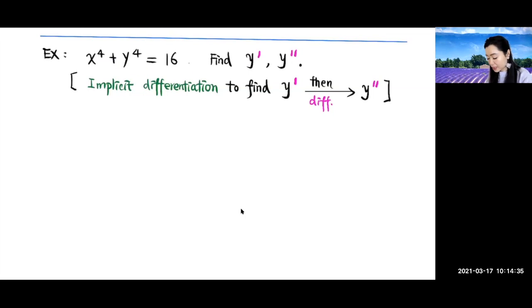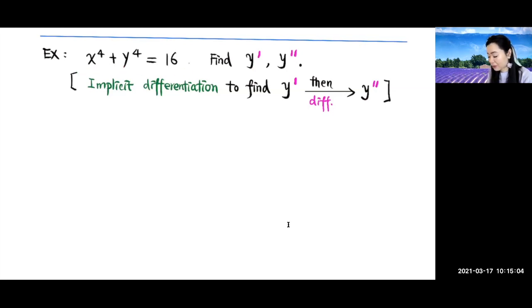Okay, this next one here is actually very hard or impossible to solve for y. So we're going to use implicit differentiation to find y prime. Also find y double prime, first derivative and second derivative. So let's find the first derivative and then differentiate that again to find the second derivative. So with implicit differentiation, I don't have to solve for y.